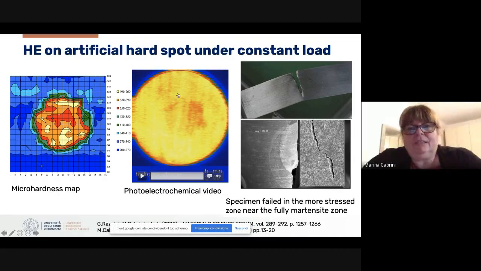With time, there is a saturation of the signal because hydrogen begins to exit only from the hard spot.